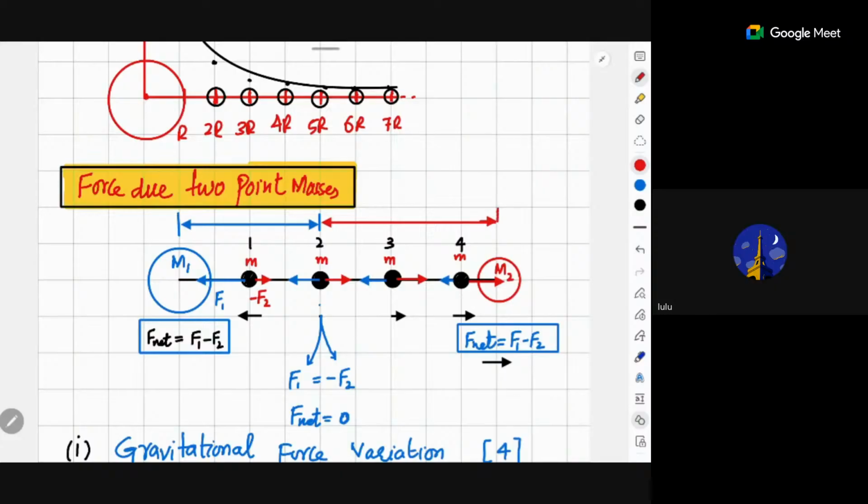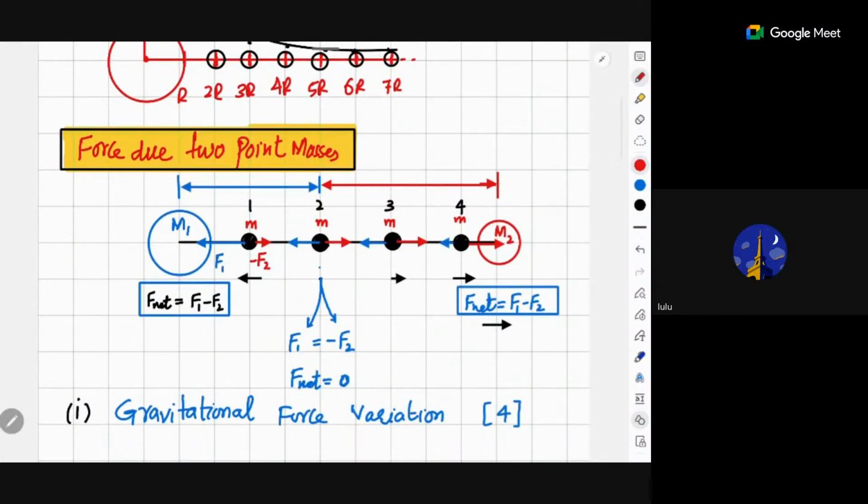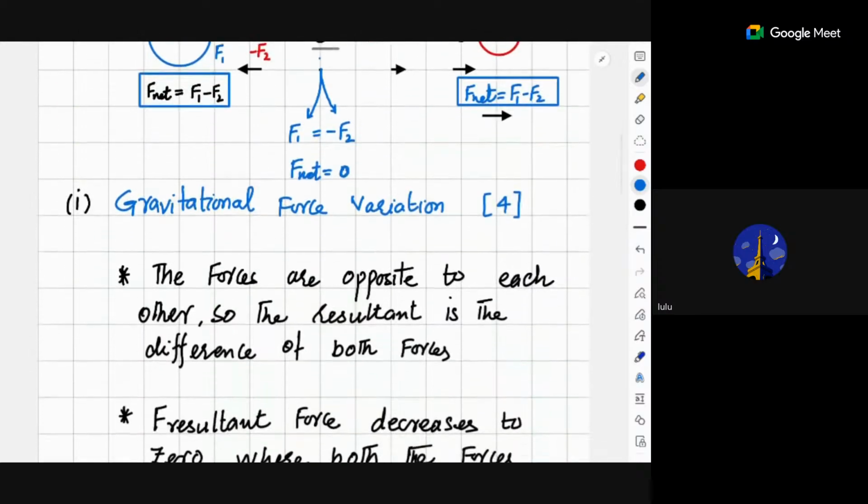That distance is basically r minus x, because the total separation between these two planets that I told you about was r. So if R1 is equal to x, then R2 is r minus x. Is this very clear to everyone? Is it clear? Yes, sir.